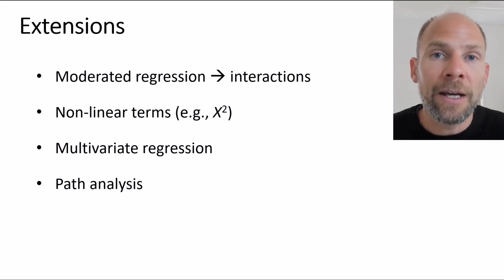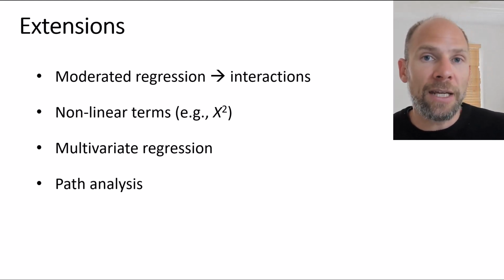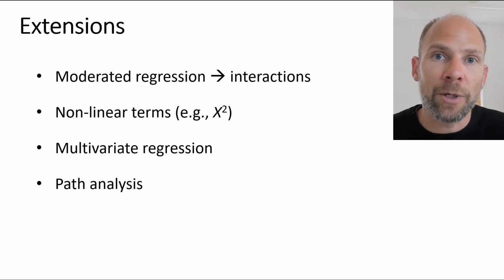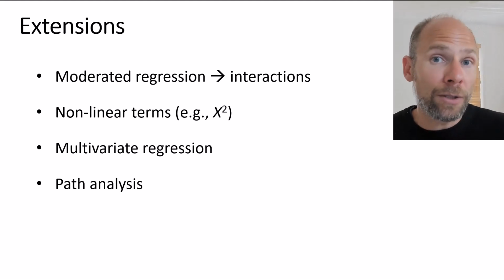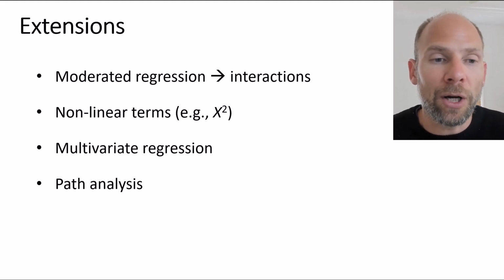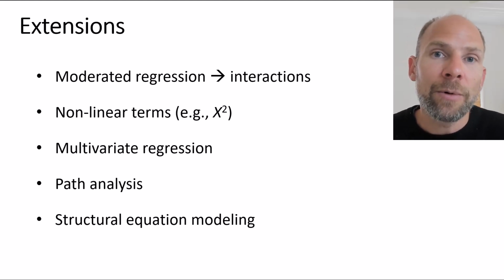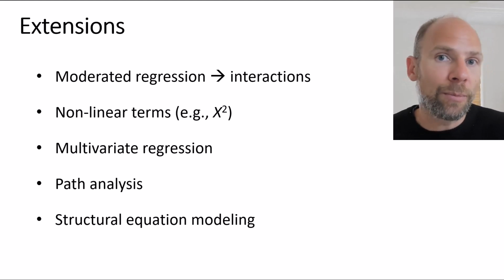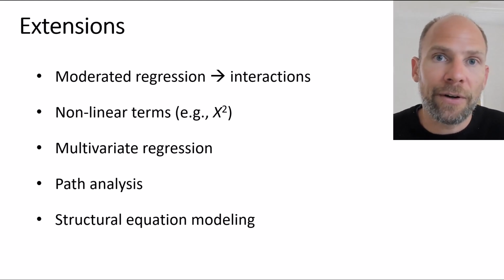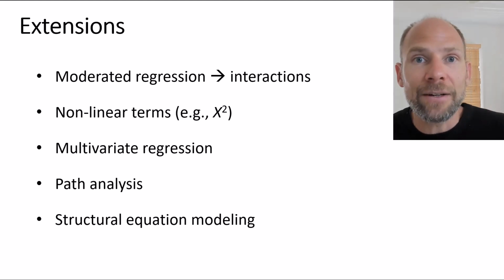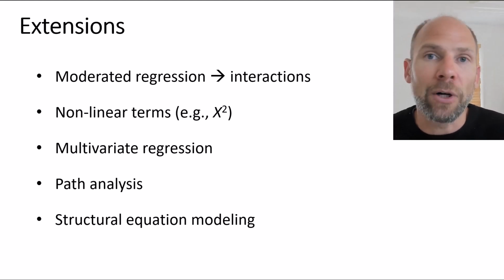So you can look at complex causal chains of relationships between variables using path analysis, which is a generalized, more multivariate regression model. And then finally, we have structural equation modeling, which allows us to do what we can do in path analysis, meaning we can have multiple independent variables or predictor variables, multiple mediator variables, and multiple outcome variables in a single model. And we can also have latent variables that are measured with multiple indicators.